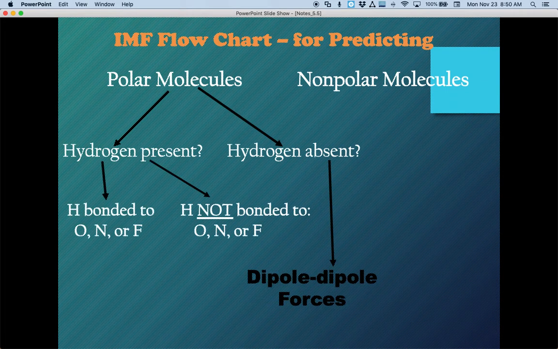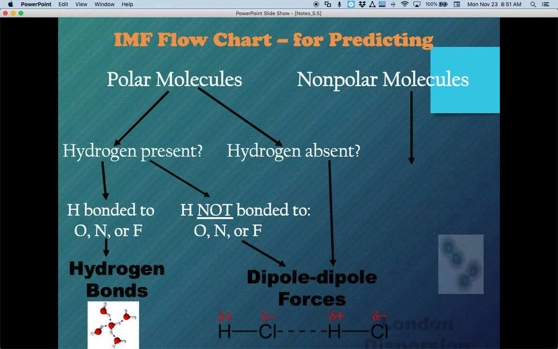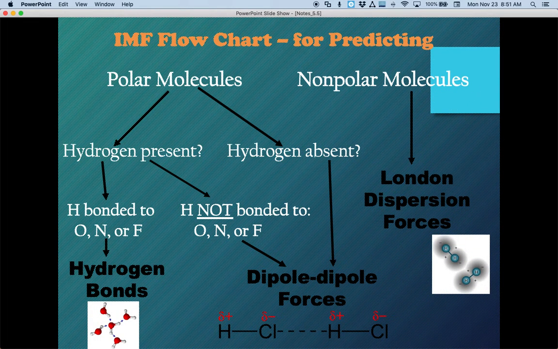So what you really need to know for the test is the types of intermolecular forces: London forces, dipole forces, and hydrogen bonds. You need to know the relative strengths of all of these. So London forces are the weakest, hydrogen bonding is the strongest, and dipole is kind of in the middle. And you need to be able to look at a molecule and determine which intermolecular force goes with which molecule.